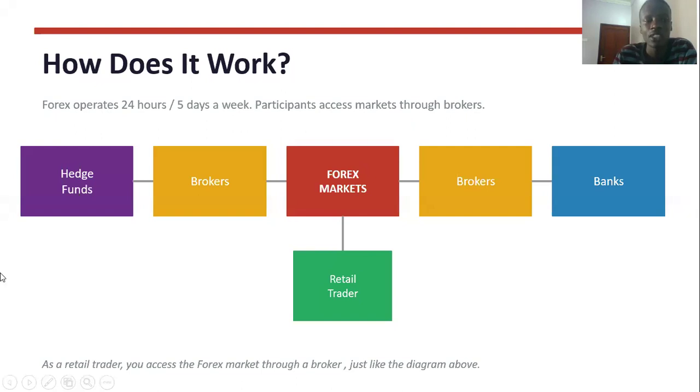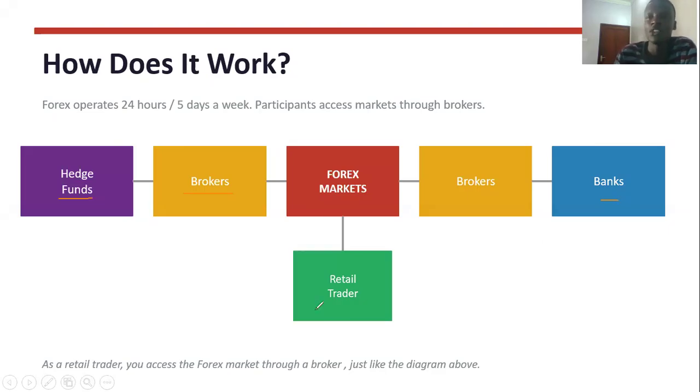How Forex works is that we have various market participants. We have the hedge funds, the brokers, and the Forex market itself, and the banks, all institutions, and the retail trader.